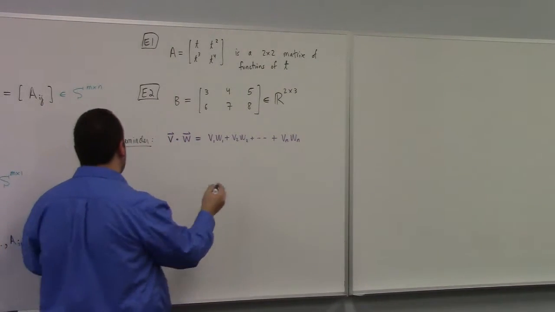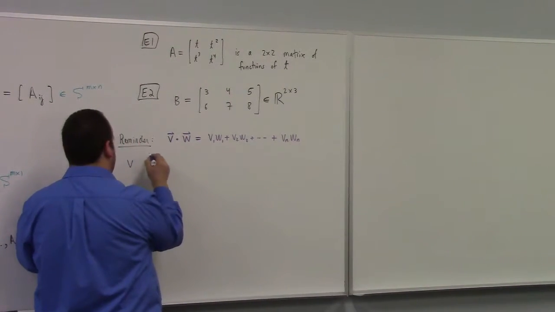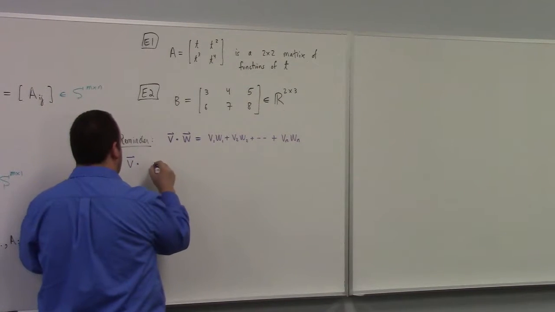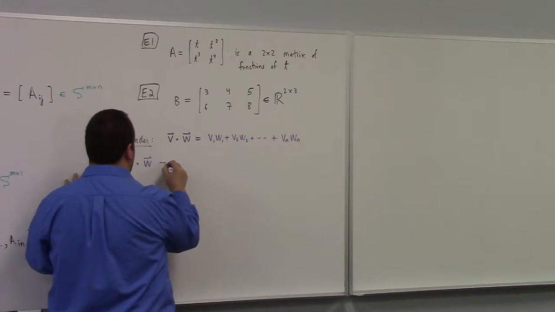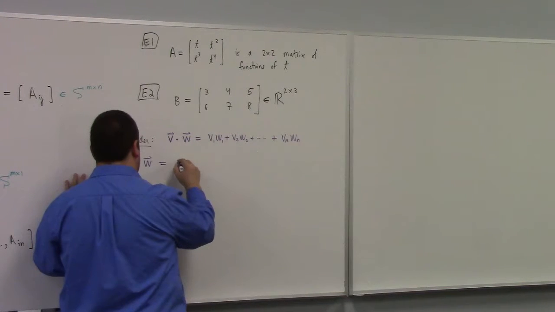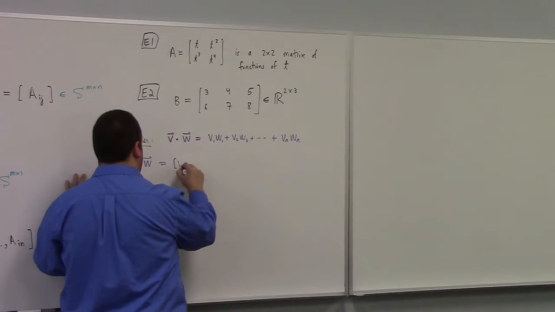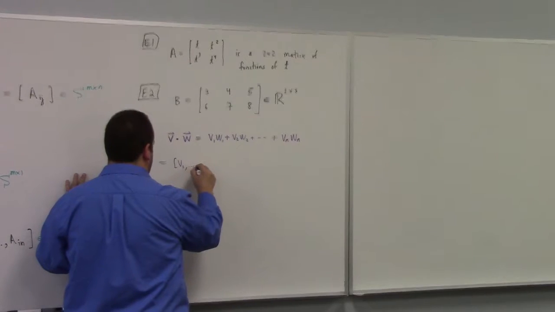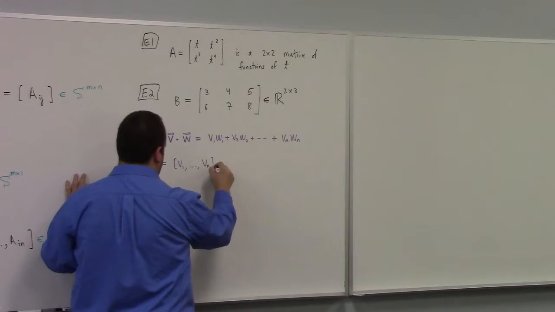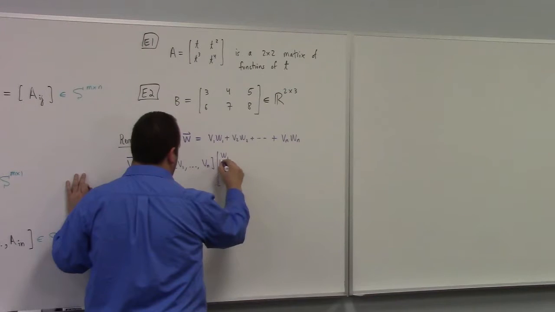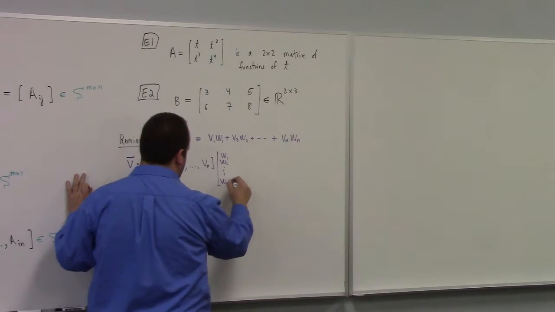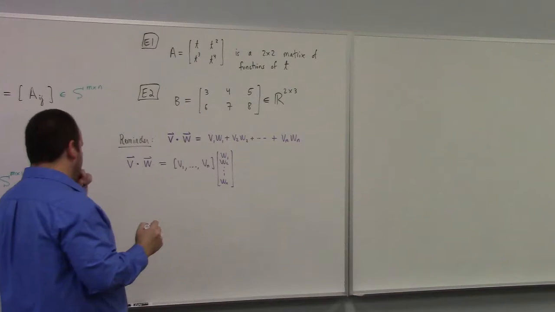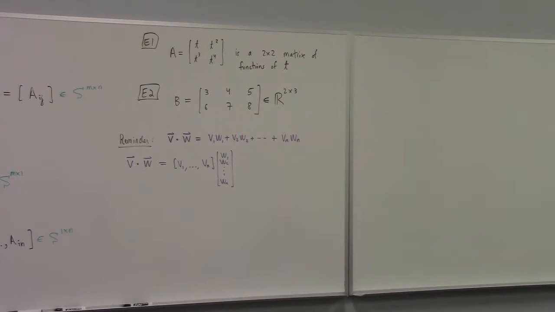But you can also write this as this row vector v1 dot dot dot vn times this column vector w1 w2 dot dot dot wn.